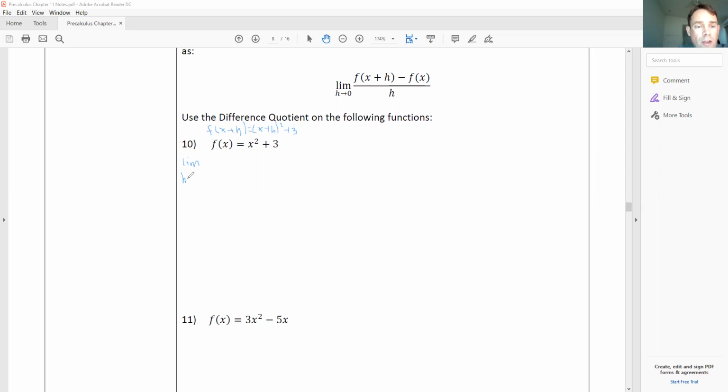So the limit as h approaches 0, and this is our difference quotient right here, f of x plus h minus f of x all over h. We're going to evaluate it for f of x equals x squared plus 3.